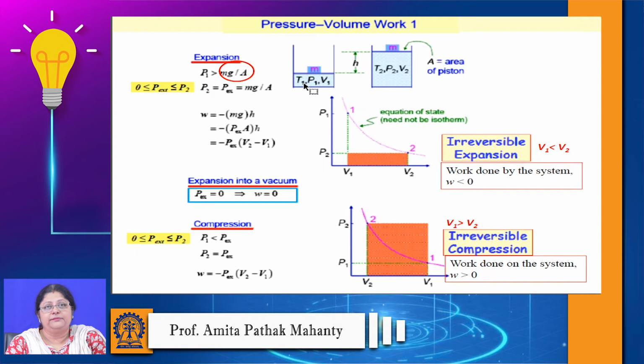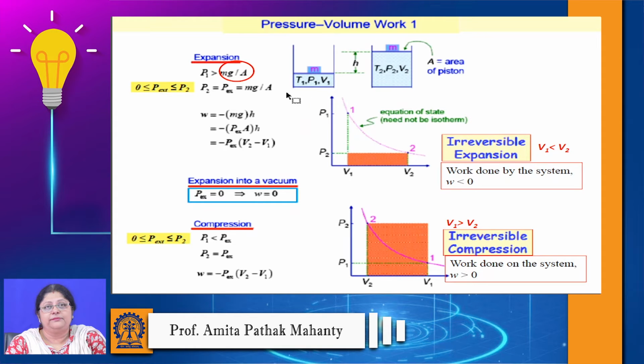So P external is much higher, and that P external is nothing but mg by A. That's the sandbag sitting on the lid and exerting the pressure. How long will it continue? Until P2 becomes equal to P external.